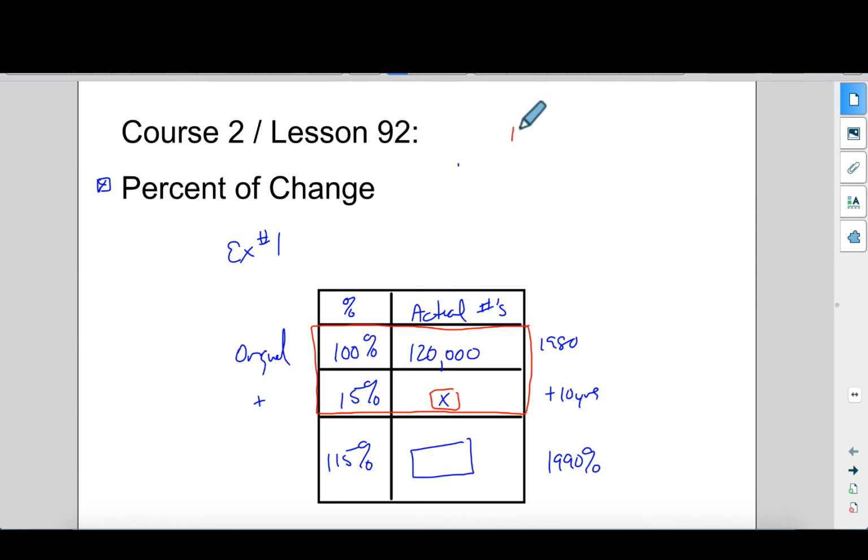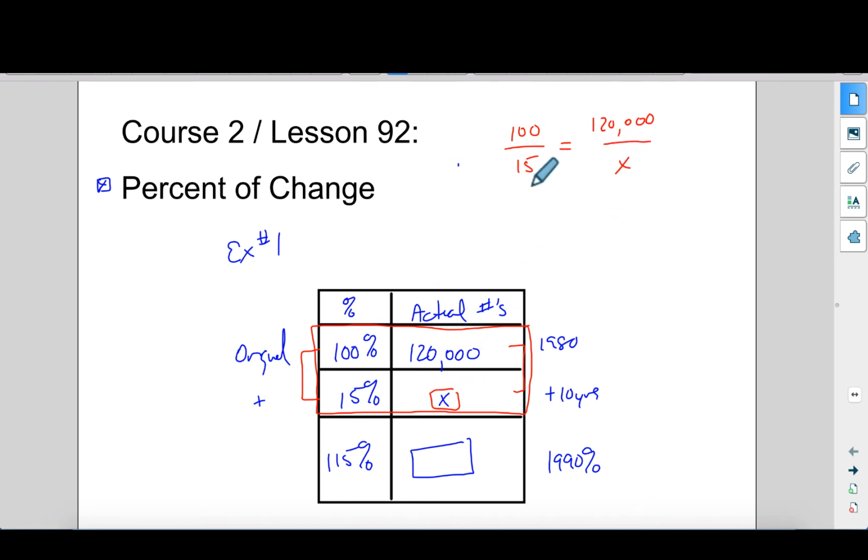If we have 100 over 15, all I did was take these two numbers right here and put them in a fraction, equals, and it's going to equal these two numbers, 120,000 over x.